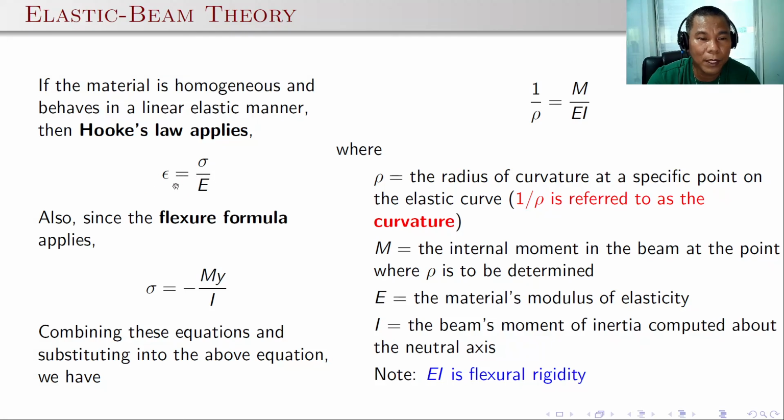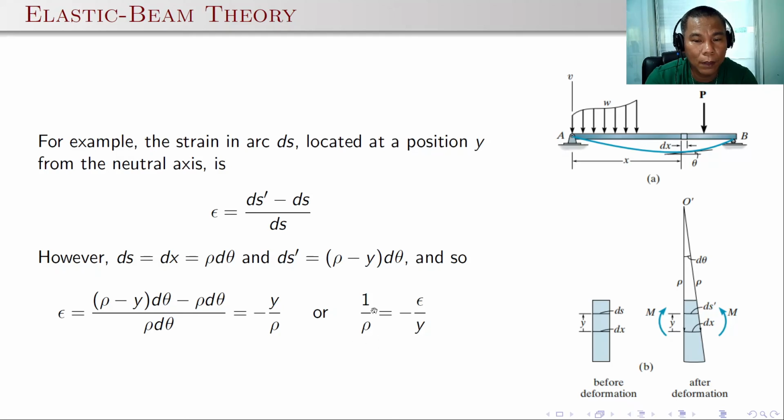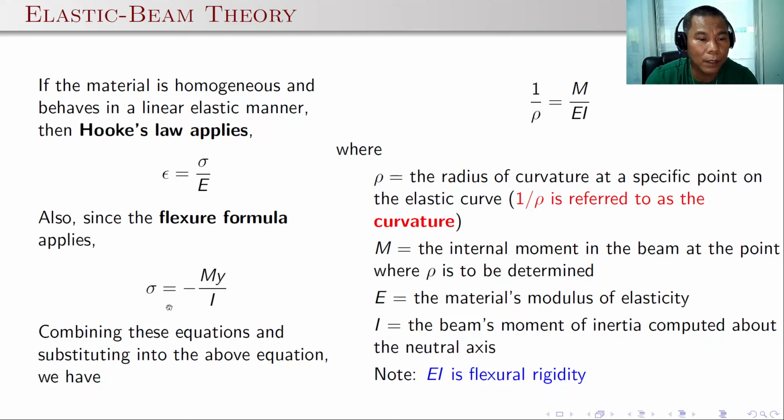Epsilon is equal to minus My over EI. And also if we have to substitute the values, look for the values here, we have 1 over rho is equal to minus epsilon over y.